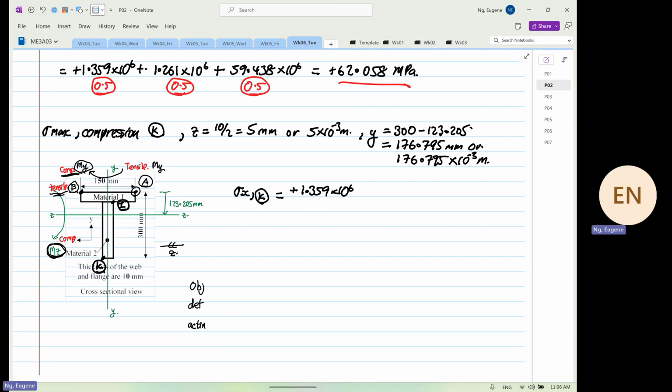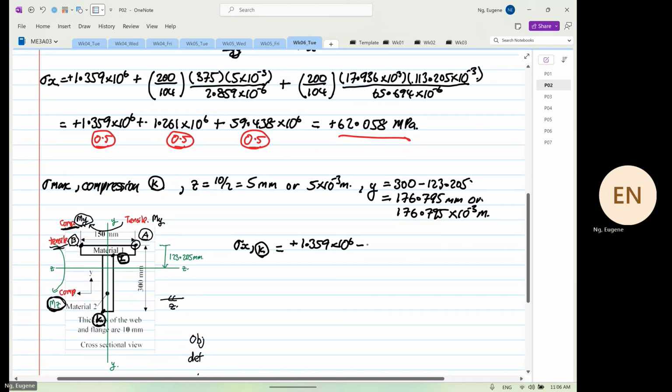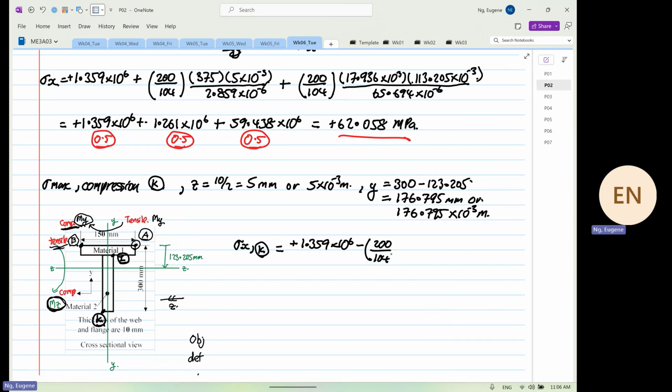Right? So now at point K, we know that My will induce compression. So minus, again, we have to put in 200 over 104. This still remains the same. The 375 remains the same.